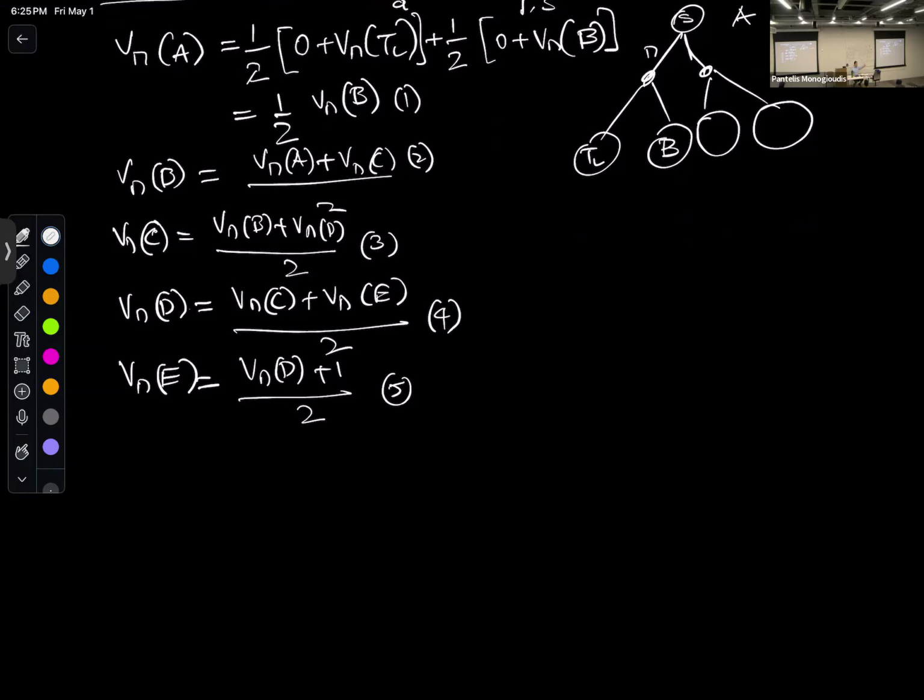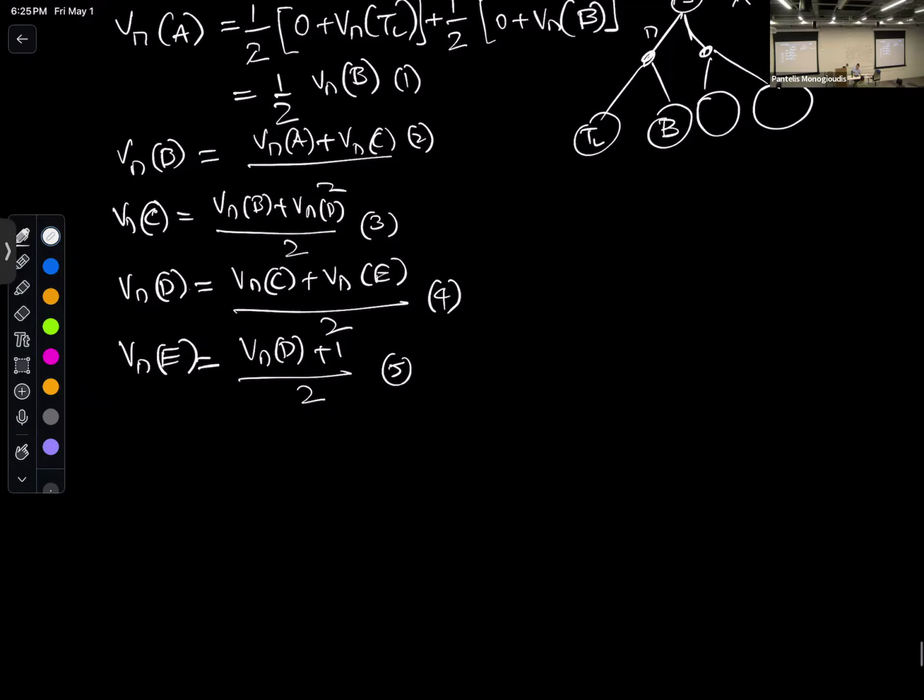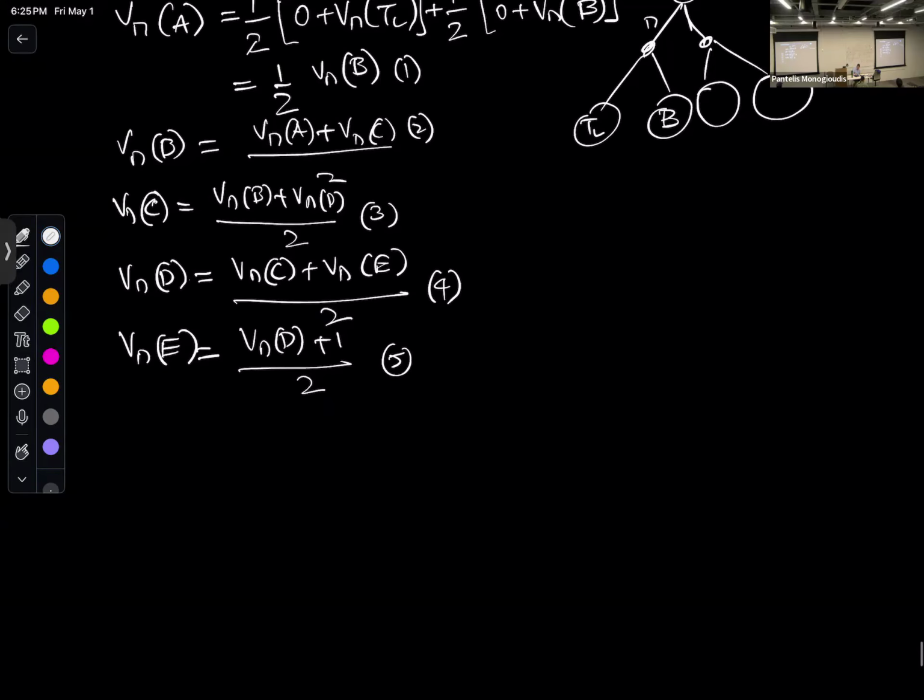But over here, the system of linear equations is so trivial that I have the V pi of A straight away. Anyway, let me write down the solution. V pi of A is equal to 1/6. V pi of B is 2 times V pi of A, which is 1/3.